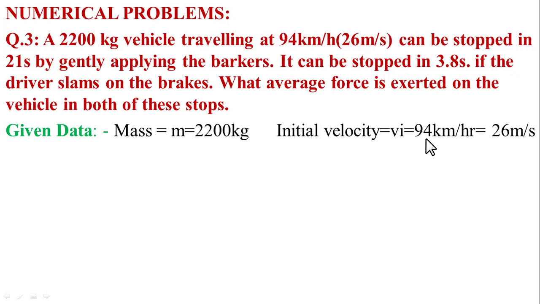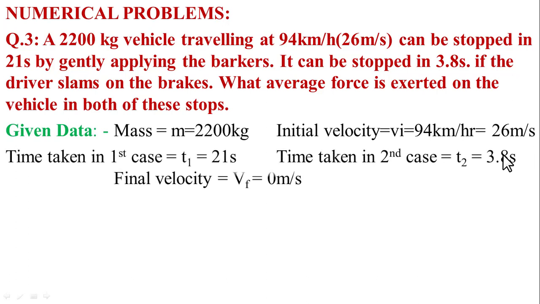In the given statement, the value is also converted into meter per second. Otherwise, we can convert it into meter per second. So vi is equal to 94 km per hour, which is equal to 26 meter per second.